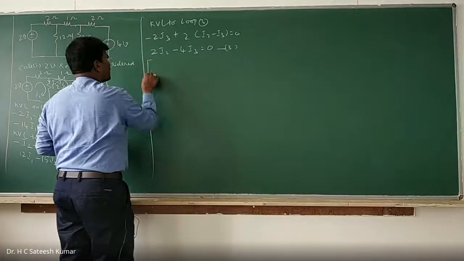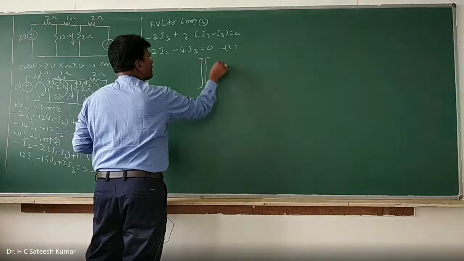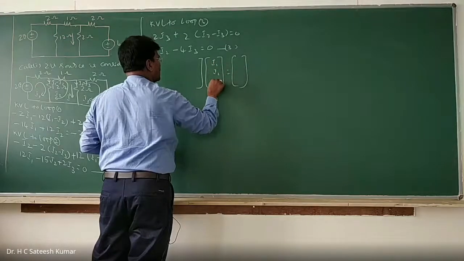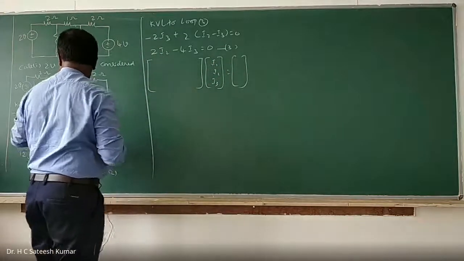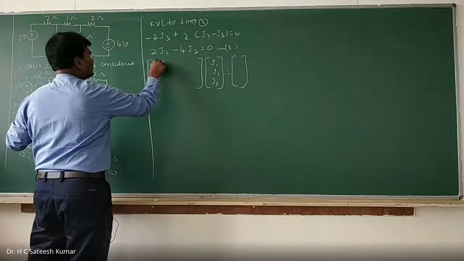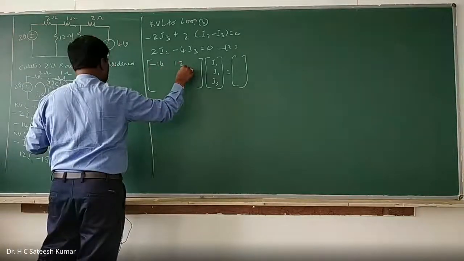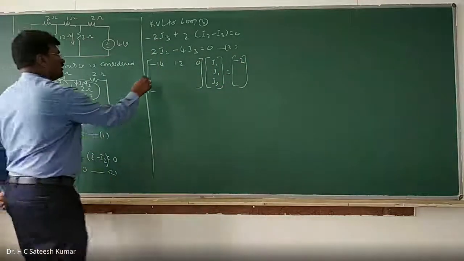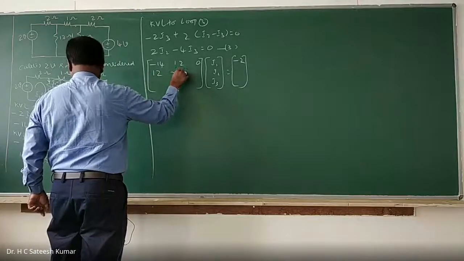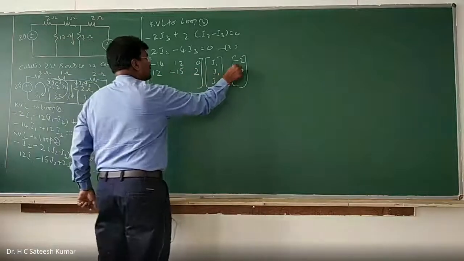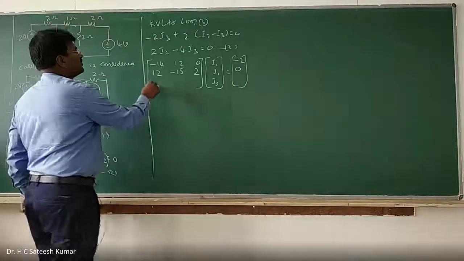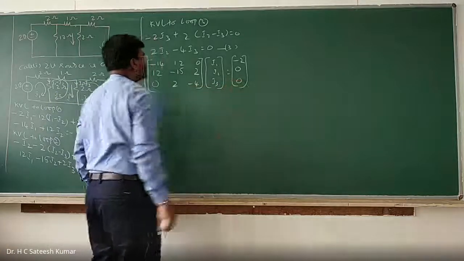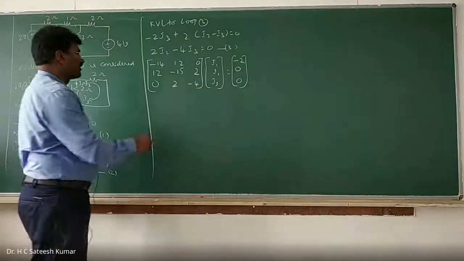Now you go for the matrix and solve. I1, I2, I3. Okay, right. First equation: minus 14 I1 plus 12 I2, 0 I3, and this is minus 2. From the second equation: 12 I1 minus 15 I2 plus 2 I3, and 0. And third equation: 0, 2, minus 4, 0. Okay, right. Now you solve for I1, I2, I3.